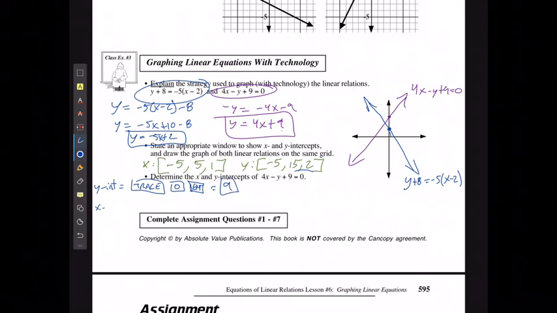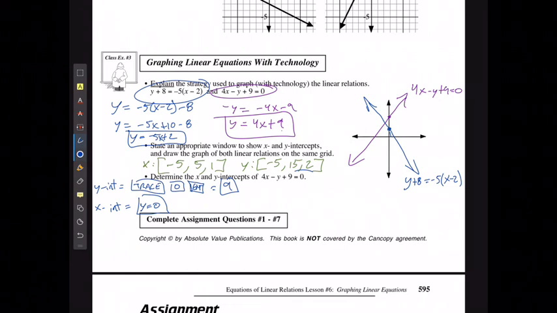If I want to solve the x-intercept, I'm going to put in a second equation, y is equal to 0, and then I'm going to solve for the intersect points.